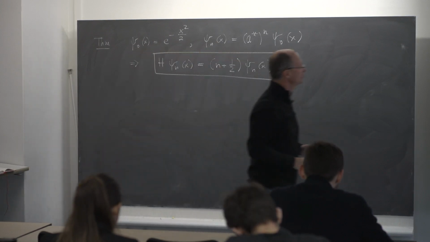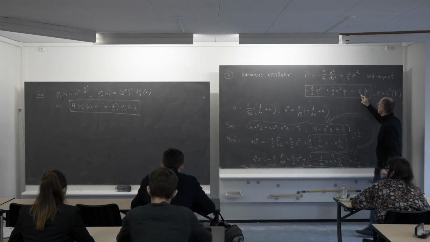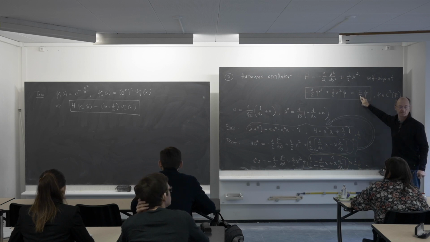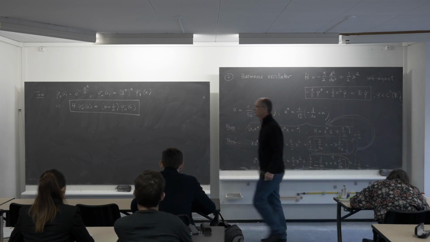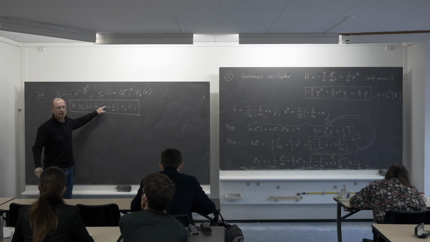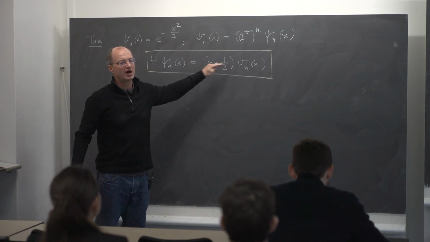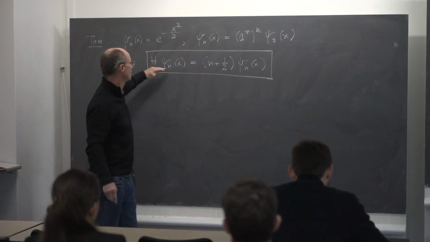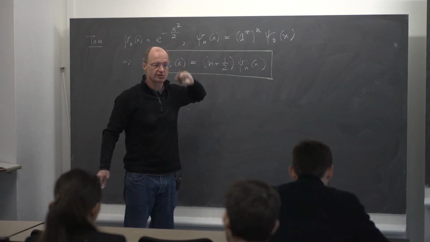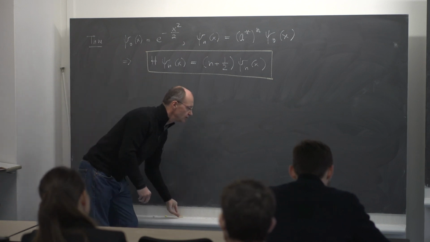Right? So here is the story. For any E, there are two solutions. But for some very specific E's, strangely looking specific E's, positive half integers, I construct very explicit solutions. So let me prove it.